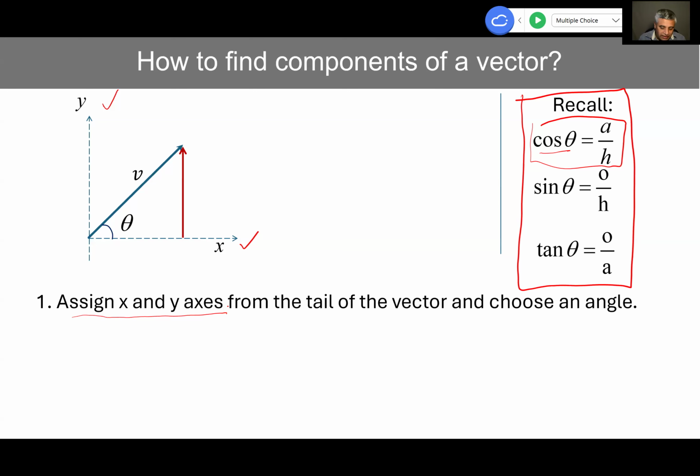We put them at the tail of the given vector which we are trying to find the components of. Our goal is to start at the tail and reach the tip.